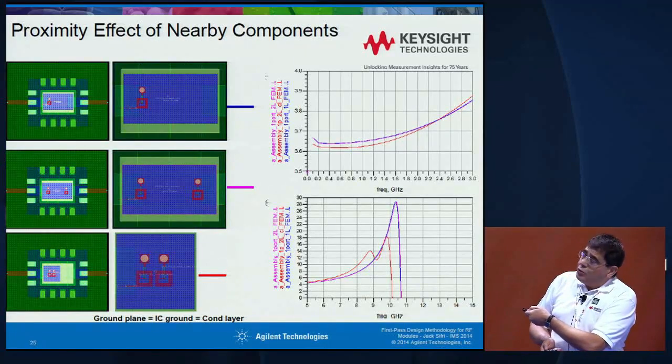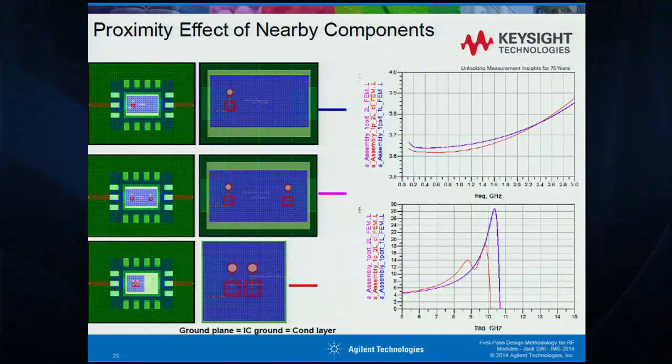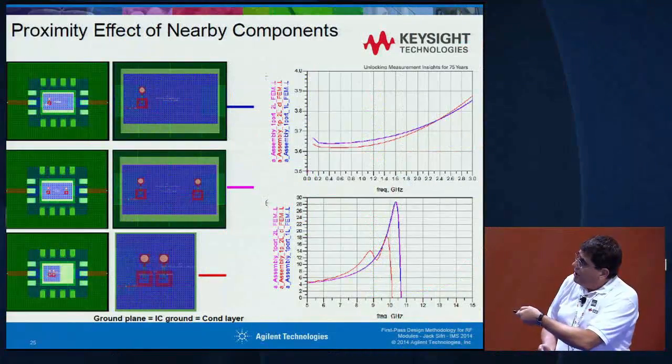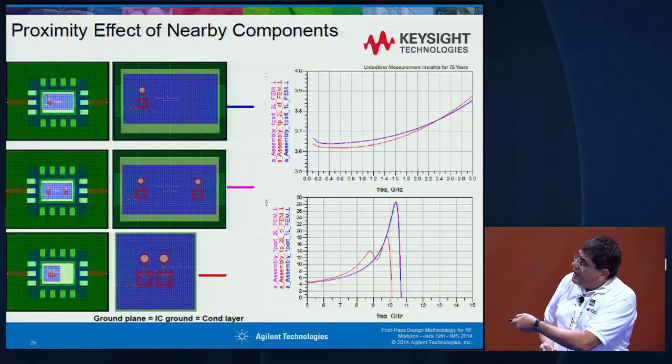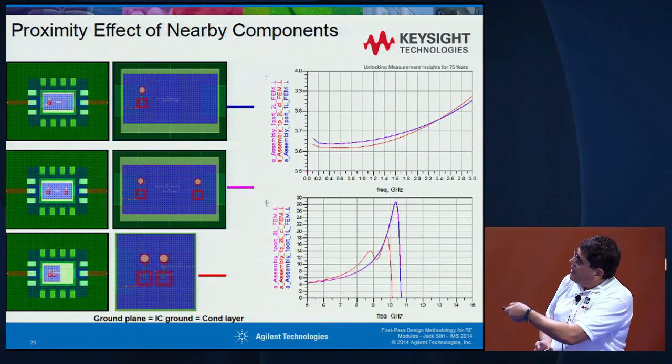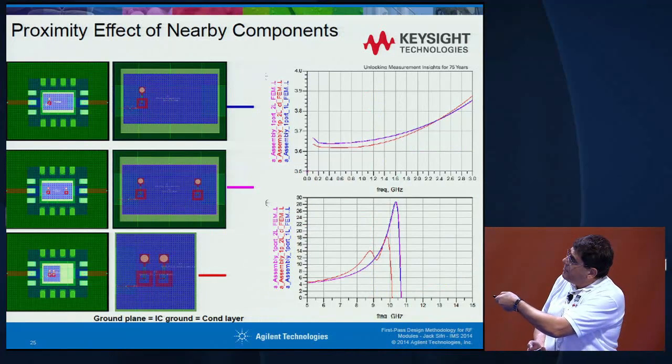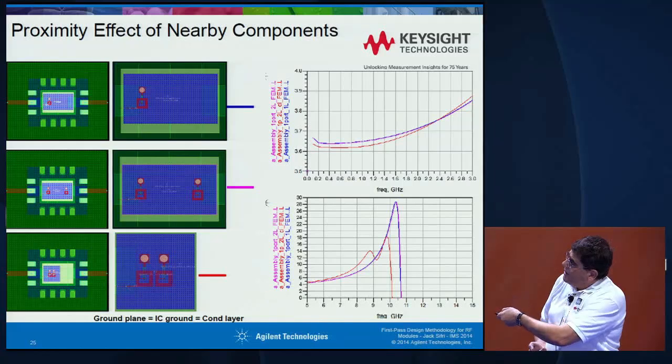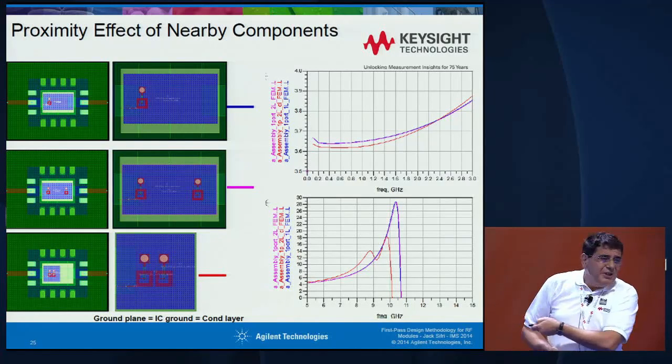First, I simulated one inductor. Then I put two inductors not connected together just to see the effects of the mutual inductance here. And then I got them closer. Notice this case and this case have the same inductance, the blue and the purple, because the coupling is really far.